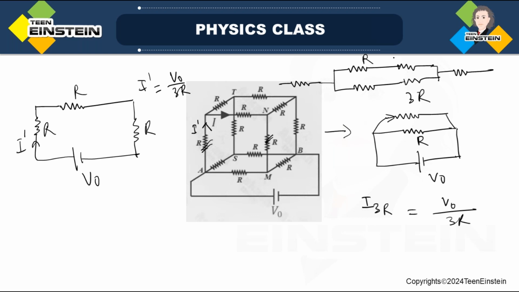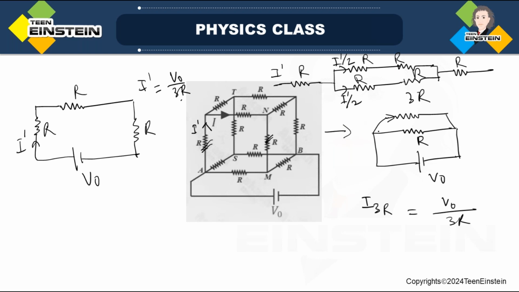I can keep this R, this R, this R, again this R, this R. I can keep it like this. So I prime is here, and I prime I am getting V0 by 3R here. Up to here it is V0 by 3R. Now it will get branched into two equal halves, so I'll get I prime by 2 here, and I prime by 2 in this branch.